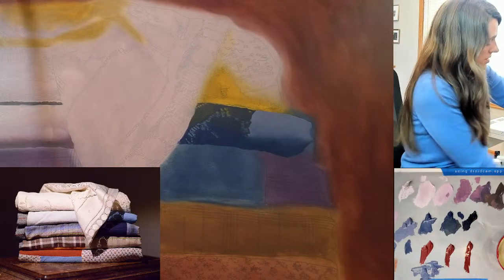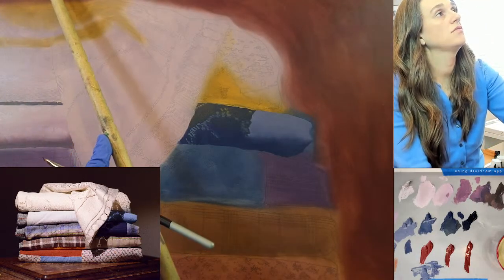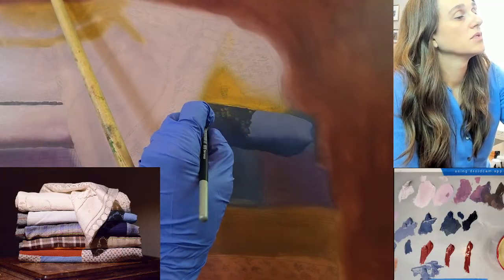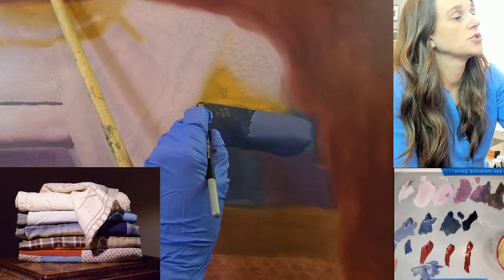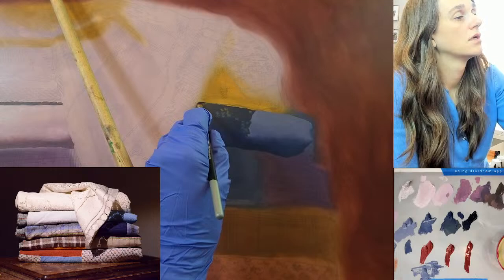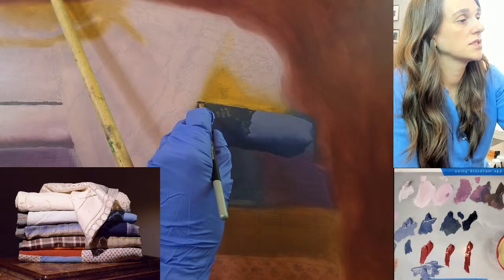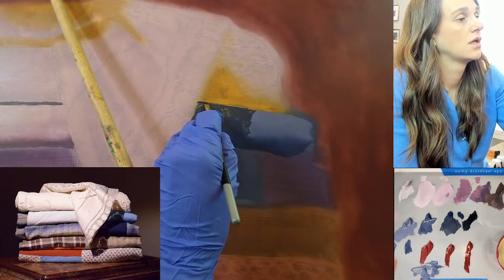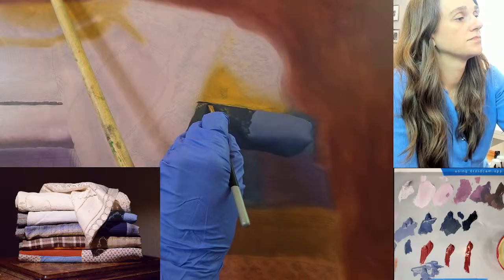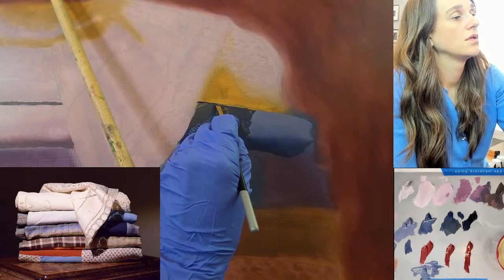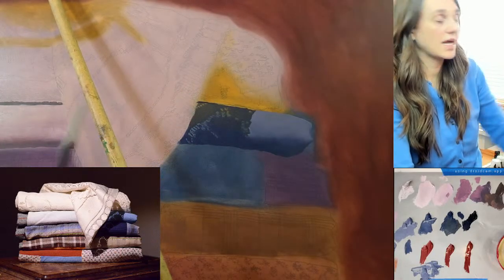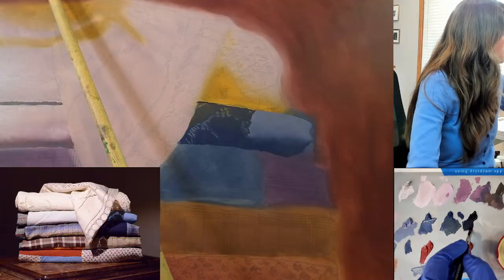I want to be careful because I feel like this is quite dark in value, but we'll see what it looks like. I don't want to go too dark too fast. You can always push something darker, but sometimes it's harder to lighten it up after. You'll see this is just going to really set that in, that space.